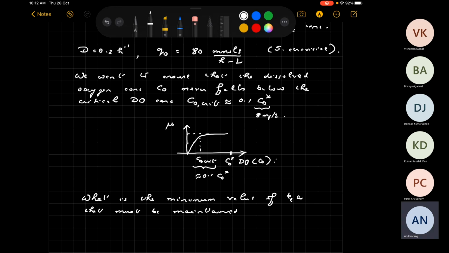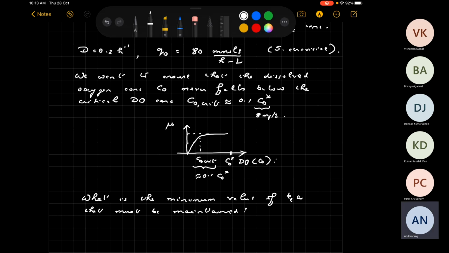So physically, what we have here is this parameter KLA, which, as I told you earlier, can be changed by changing the power per unit volume. For example, by increasing the stirring speed, or by increasing the size of the impeller. Anything that pumps more power into the reactor will give you a higher value of KLA.